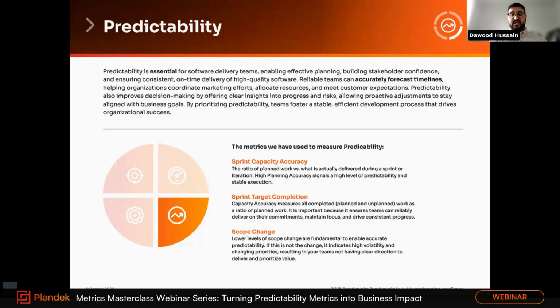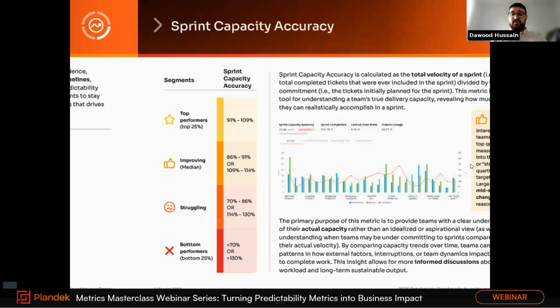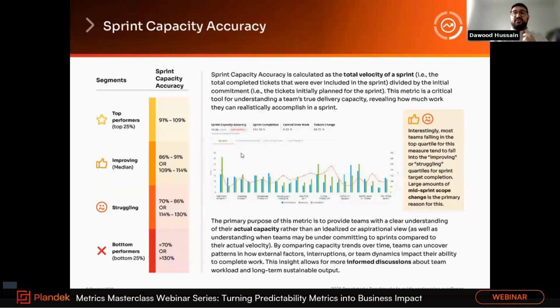It helps leaders like yourselves set realistic goals, and it helps teams stay focused, and it creates a data-backed foundation for continuous improvement and process improvement as well. So that is why predictability is so important. And so we'll go into some of the metrics that help you understand how predictable you are as well. So the first metric here is sprint capacity accuracy.